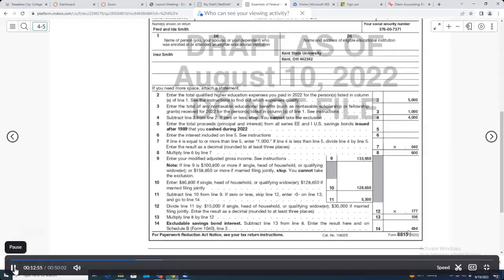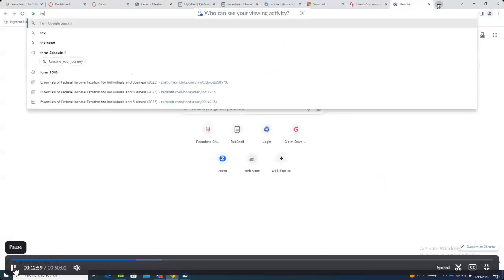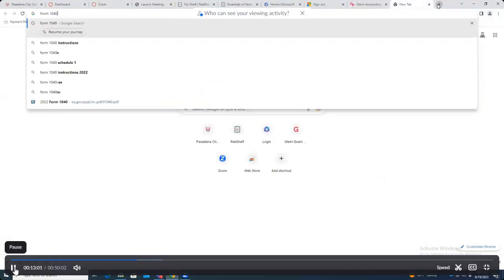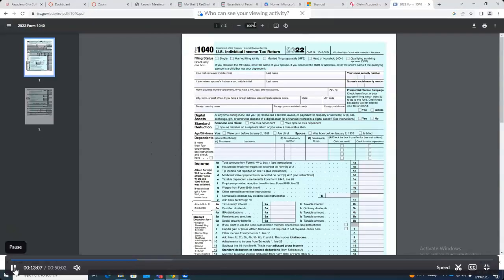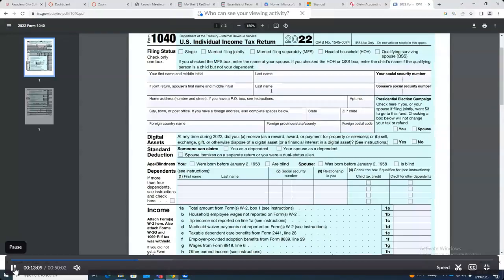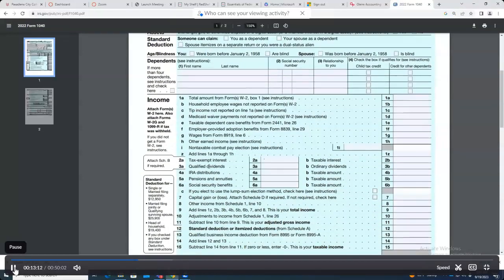tax-free interest, and that tax-free interest goes into Form 1040 in line 2A, tax-exempt interest. 494 goes into line 2A.